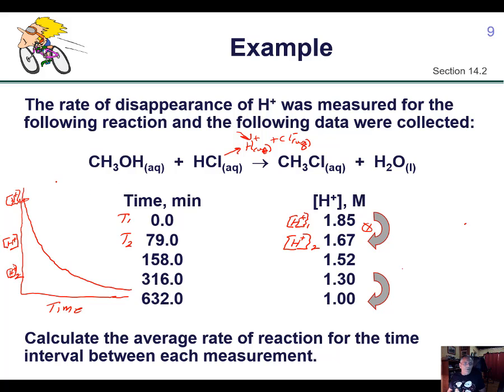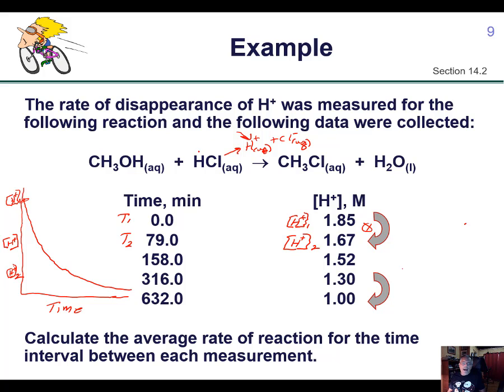But here is the graph that we're talking about, and at time 0, the reaction hasn't started yet, so the hydrogen ion is going to be at its highest concentration. So we would call this [H+]1, the initial concentration, and then the reaction starts.